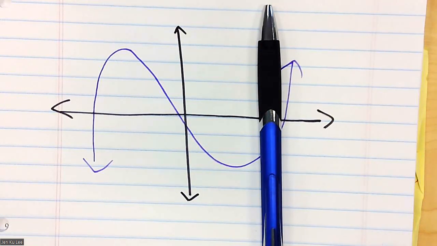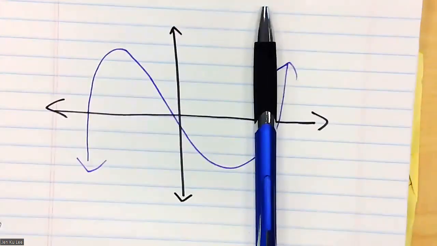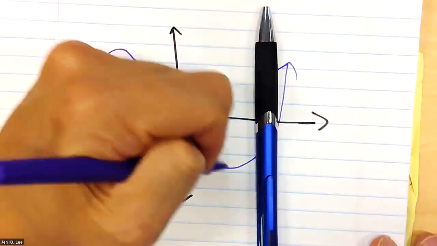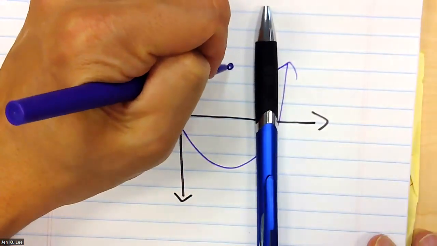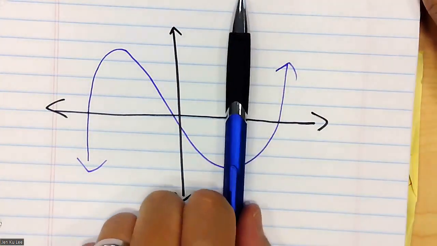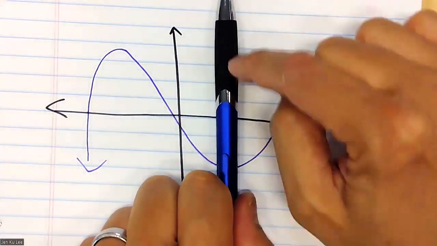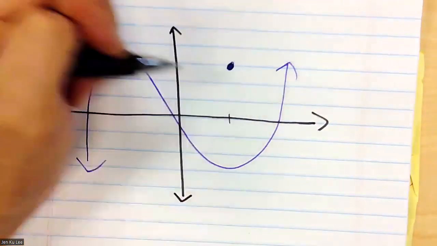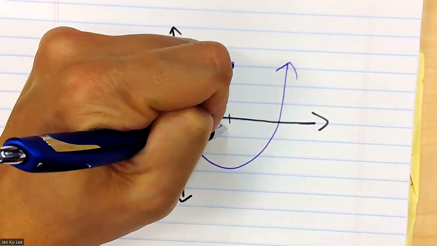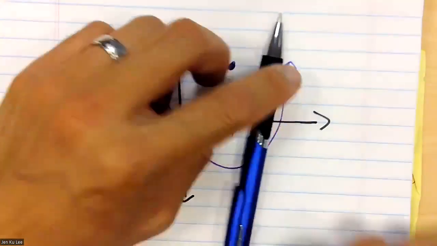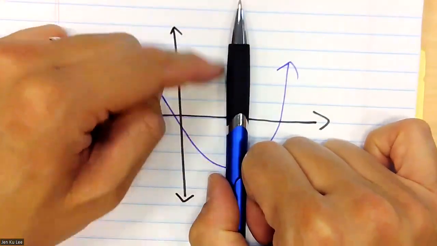Okay? That makes sense? So if I say, hey, look, this is my graph now. At this point, I'm going to make another point right here, that's a part of my graph. At this point, it hits it twice, right? So let's say at, I don't know, x equals 4. It has two values, right?